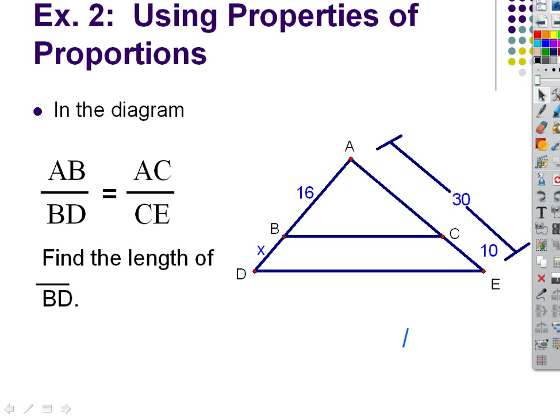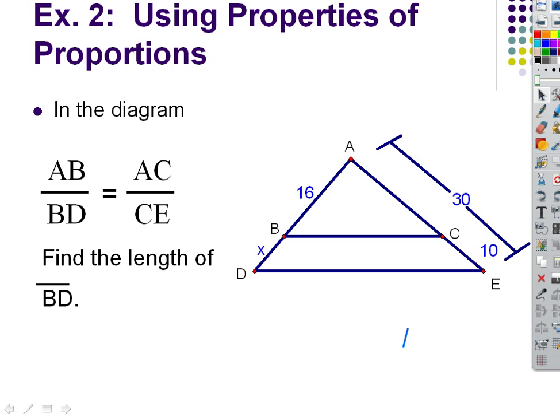How could we set up a proportion here? We're given that the length of AB divided by the length of BD is equal to the ratio of the length of AC divided by the length of CE. How could I solve for the length of BD, which we're calling x? So solve for x.